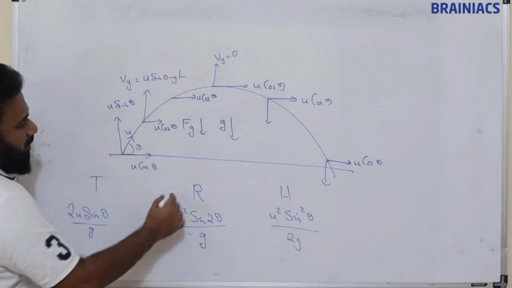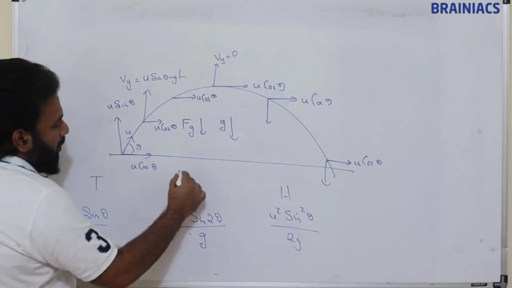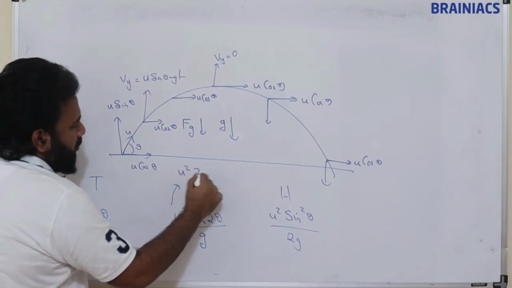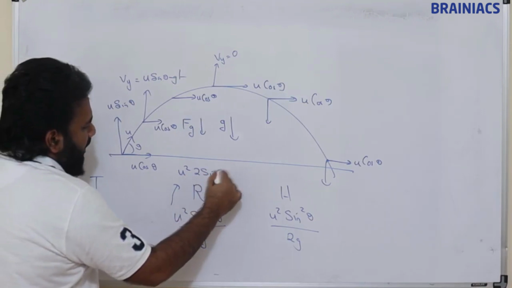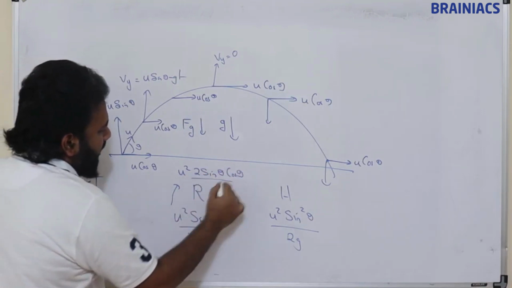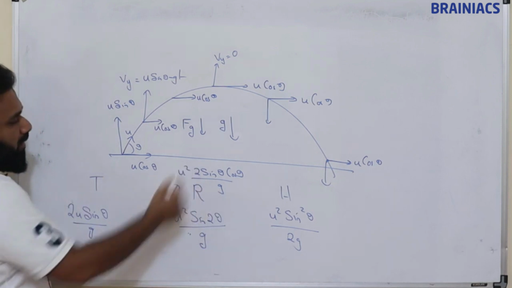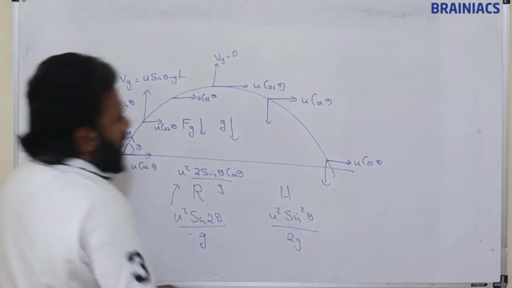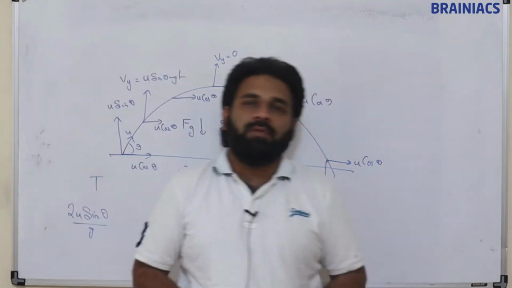We can write range in this way also, u square 2 sin theta cos theta by g. This formula is also correct, sin 2 theta when we expand. So all these fundamentals we have seen.